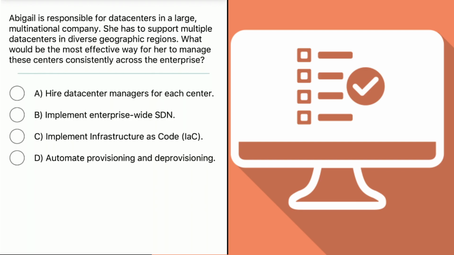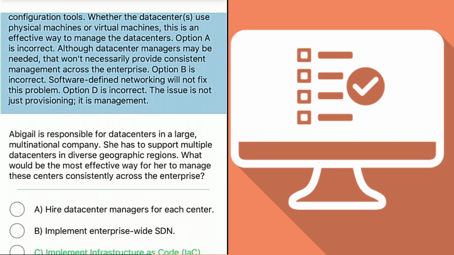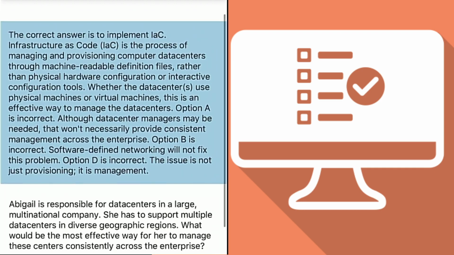Alright, if you choose D, oh, D is not the right answer. Automate provisioning and deprovisioning is not it. So the correct answer is C. Implementing infrastructure as code. I didn't know this one. Why is that?